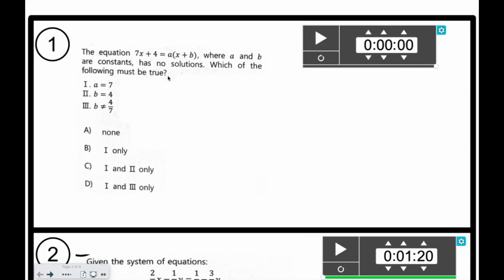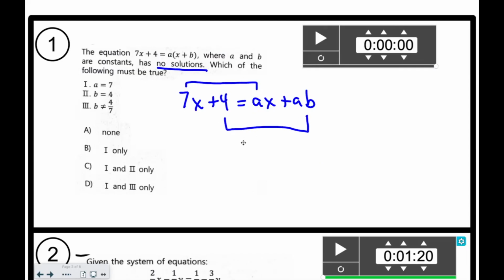Okay, so for this one, the first thing I would do is distribute the A. So you get AX plus AB. And what we need to have for no solutions is we need the coefficient of X to be the same, or that's really the slope. And we need the constant, or the y-intercept, to be different.